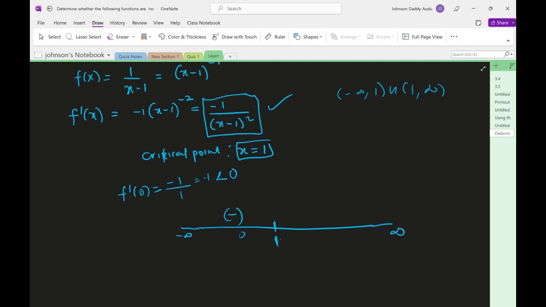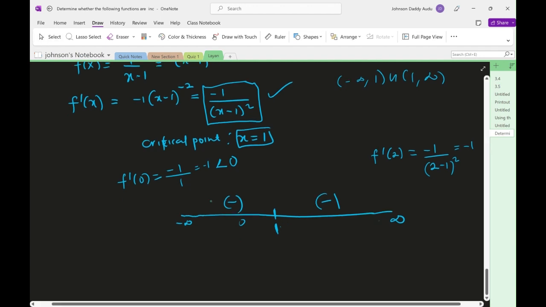Now also take a number between 1 and infinity. You can take 2. Find f prime of 2. It's going to be minus 1 over (2 minus 1) squared, so this is still minus 1, which is still negative. So here is also negative.